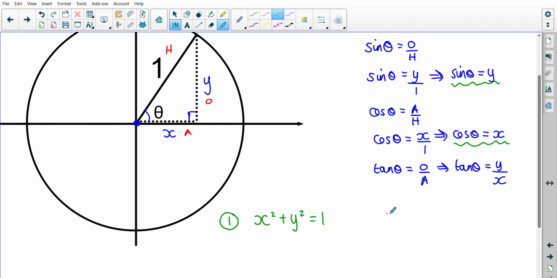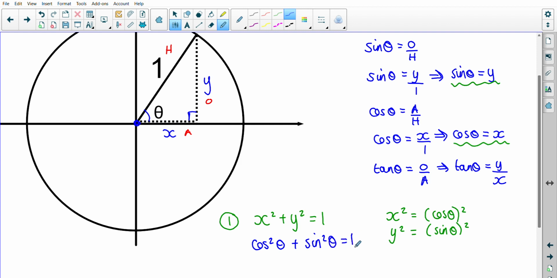So if I've got x squared, that must mean I've got cos theta all squared. And we've seen how we can write that differently with the powers of trig functions. If I've got y squared, then it'll be sine theta all squared. So if I put that into here, I'll have cos squared theta plus sine squared theta equals 1.